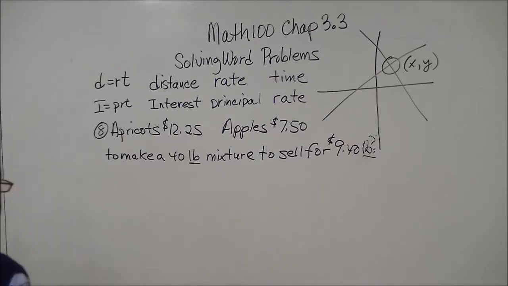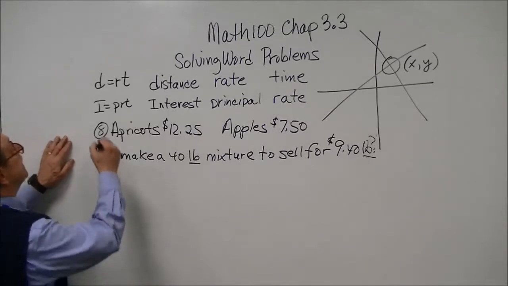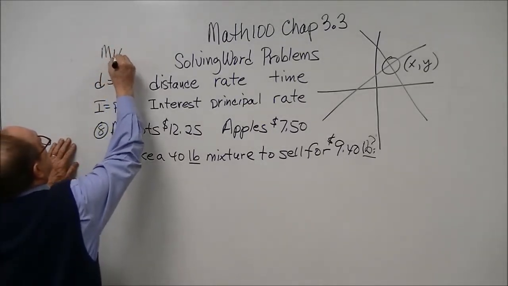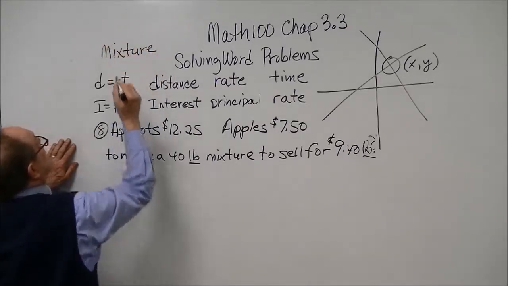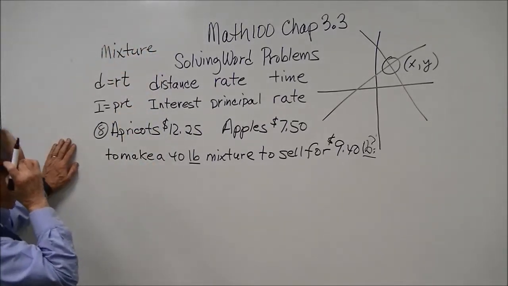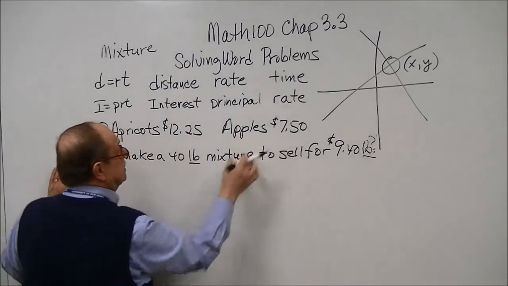All right, number 8 is a typical, what we call a mixture problem. And you're mixing things that have different values.